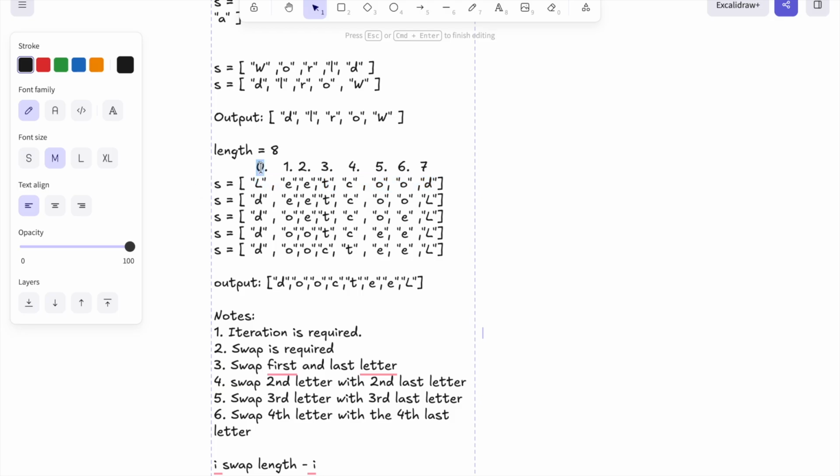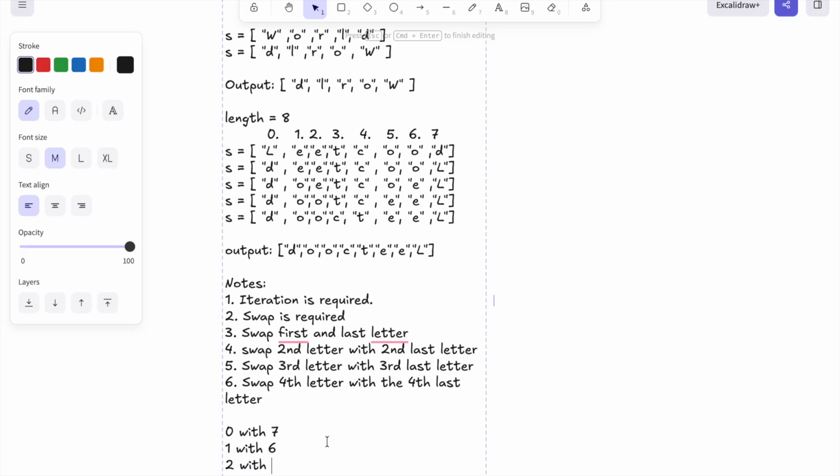So we swapped 0 with 7, then we swapped 1 with second last, that was 6, then we swapped second with third last. Okay, let me repeat it once again.